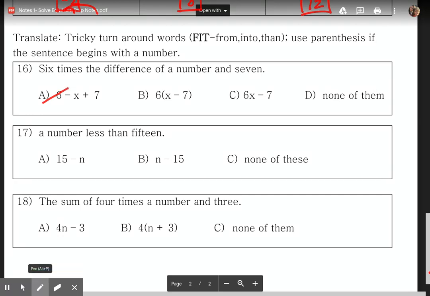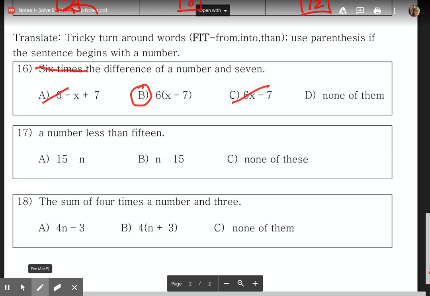This one's not parentheses. And this one's none of the above. So let's just take a look. 6 times the difference, difference means to subtract, of a number and 7. So then this would be the correct answer there. Now, if it began with, let's say 6 wasn't there, let's say it began with the difference of a number and 7, there wouldn't be any parentheses. But this begins with a number like 6.